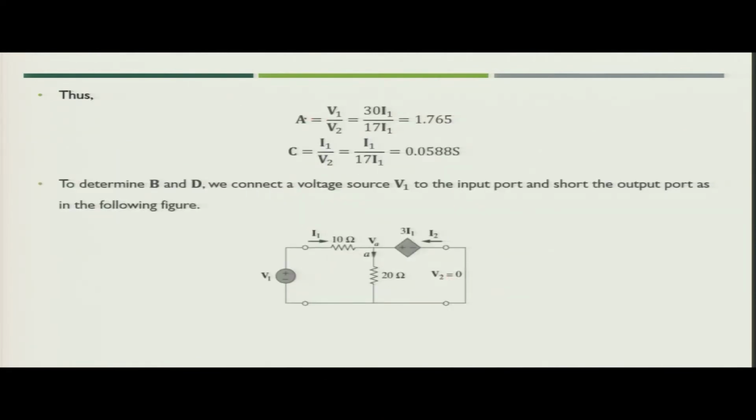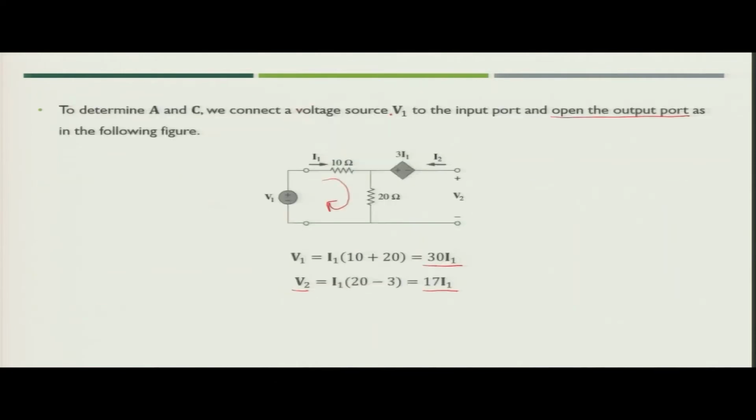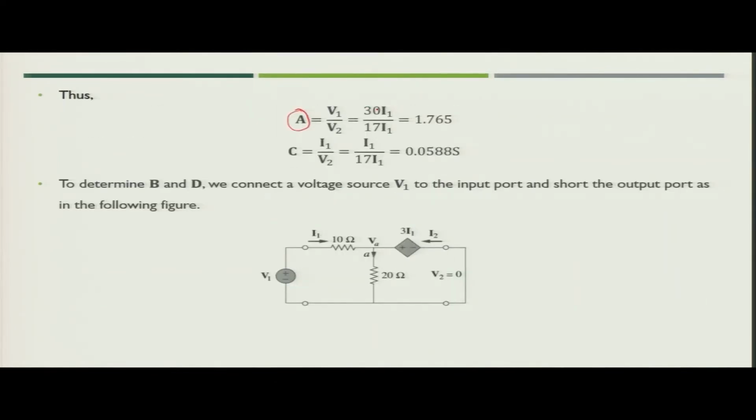So, V1 and V2 we have got with respect to input current I1. What you can write now with the help of the equations for ABCD parameters, we know that A is nothing but equal to V1 upon V2. We have put the value of V1 as 30 I1 and V2 as 17 I1. So, the value of A which we get from this ratio is 1.765.